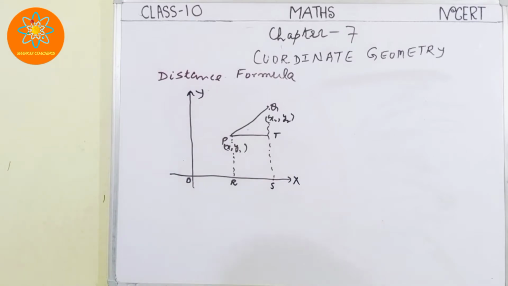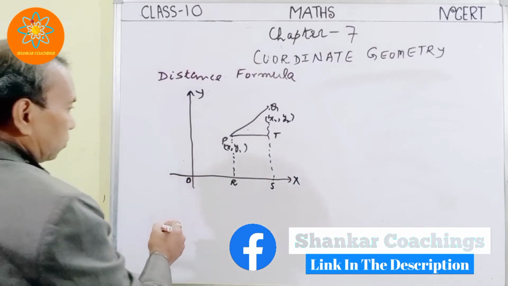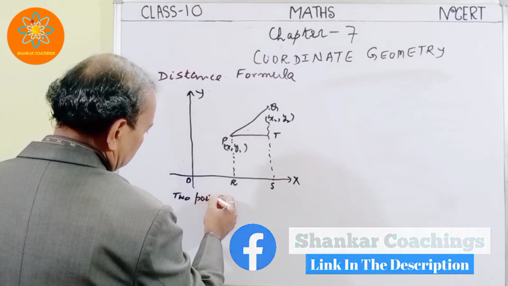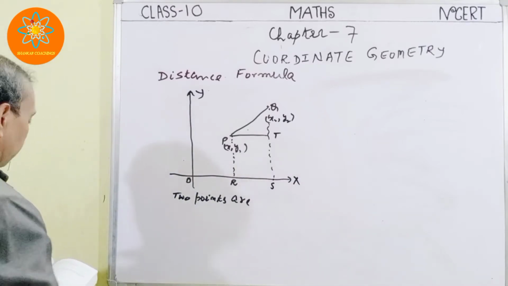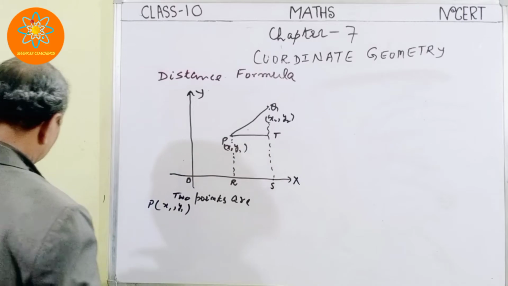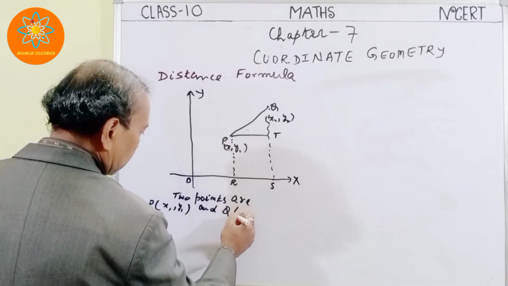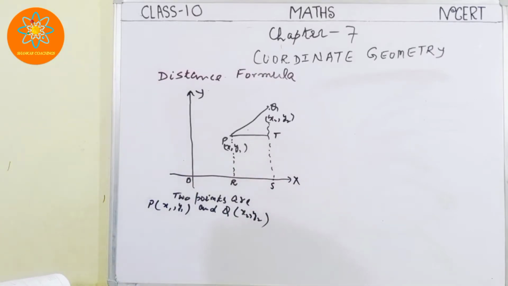I want to find the distance between P and Q. These two points are: P is nothing but (x1, y1) and Q is nothing but (x2, y2).